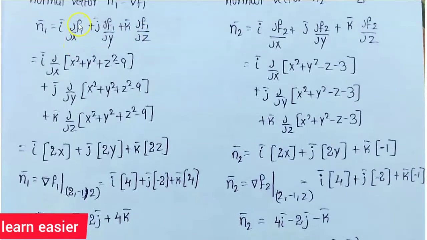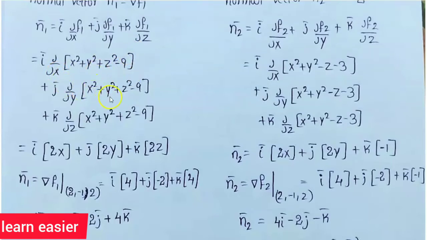So we have to substitute the function f1 in this equation. We get the f1 function in each place. Now we have to differentiate this function with respect to x. So the derivative of x square is 2x, and the derivative of y square is 0, and the derivative of z square is 0, and the derivative of a constant is also 0, because we are differentiating with respect to x.